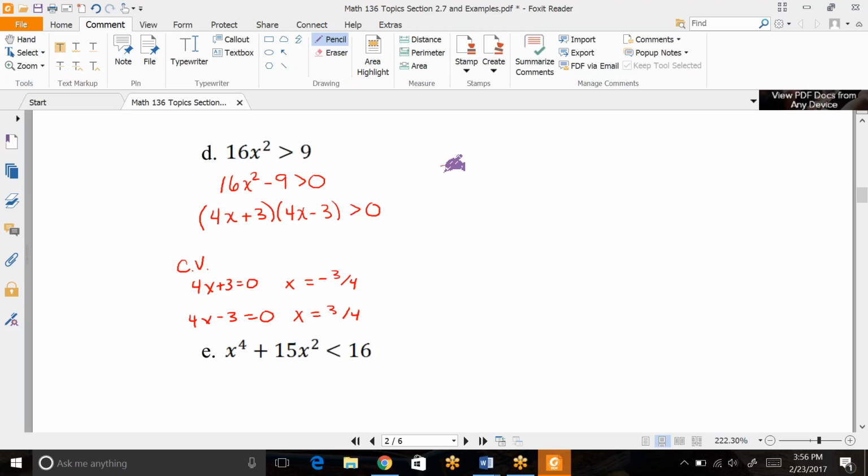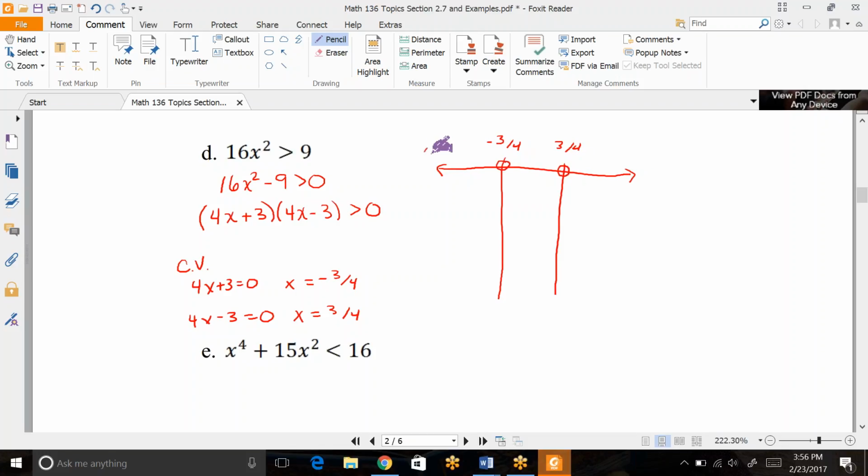So then we would put that on a number line. Remember, this is our next step using the chart method. From least to greatest would be negative 3/4 and then 3/4, being positive. We're dealing with a greater than, not equal to, so this is going to be open circles.